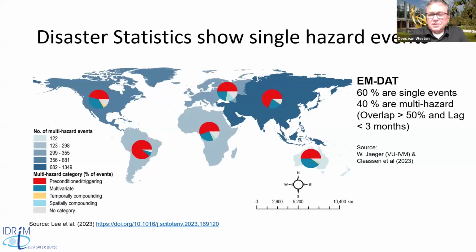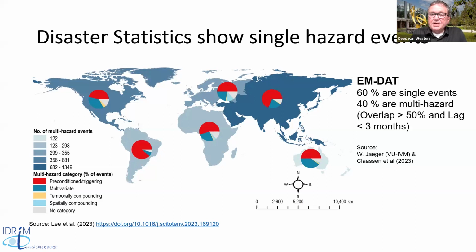However, disaster statistics are often still treated as individual events. There are some major disaster databases in the world, like EM-DAT, the Global Disaster Database, or DesInventar, which is a bottom-up type of database. They are basically storing information as individual events.